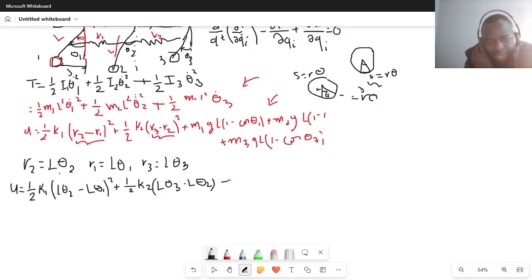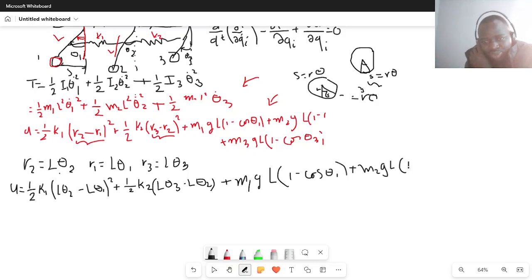Now I come back with my masses. My masses here, it is M1 G L1 minus cos theta 1, plus M2 G L1 minus cos theta 2, plus M3 G L1 minus cos theta 3.